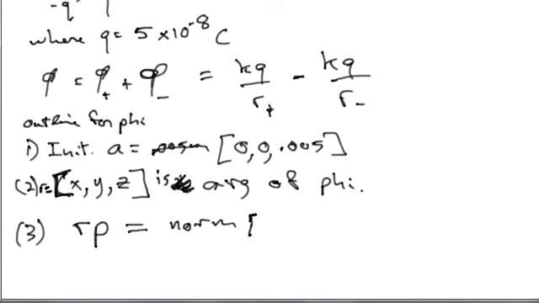So then RP is, I want the norm of R minus A. So when I subtract this array from that array, I get an array that has the elements x minus 0, which is x, y minus 0, which is y, and z minus 0.5, which is exactly what I wanted. Okay.